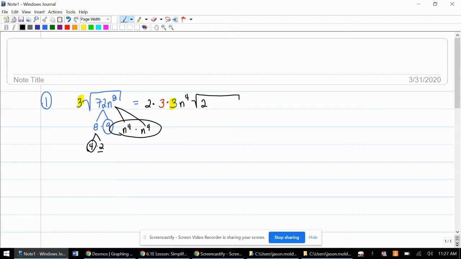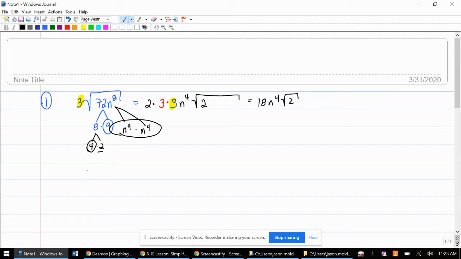And so notice I'm picking n to the 4th and n to the 4th and not n to the 2nd and n to the 6th because I can now just be done with this problem and extract it. So I'm choosing two identical factors for my factor tree because then once I have those pairs, I have, in a sense, a perfect square. All right, and we have then 2 times 9, which is 18, n to the 4th root 2.